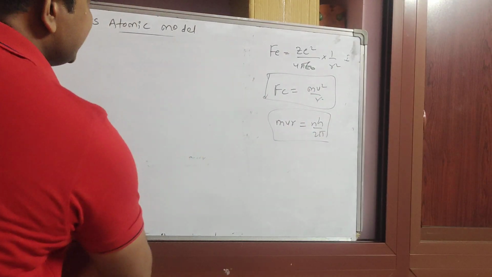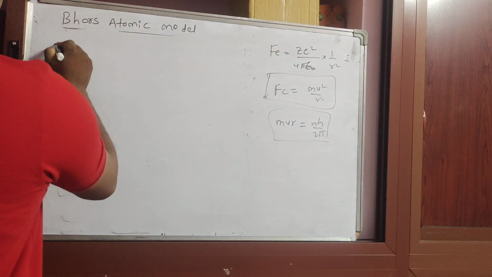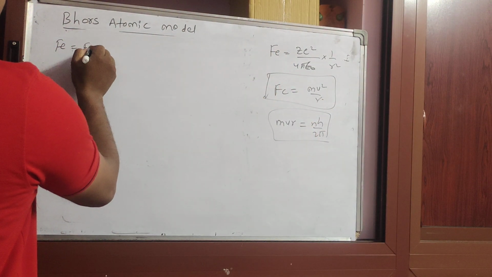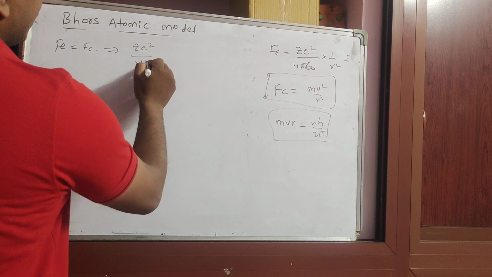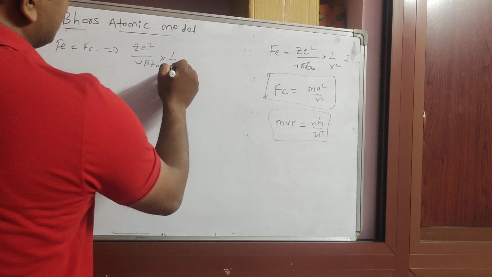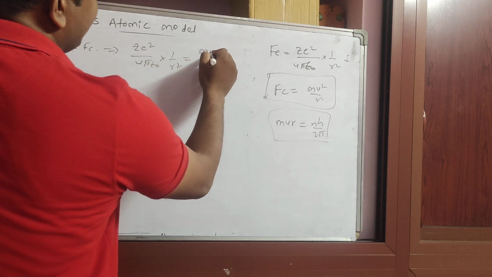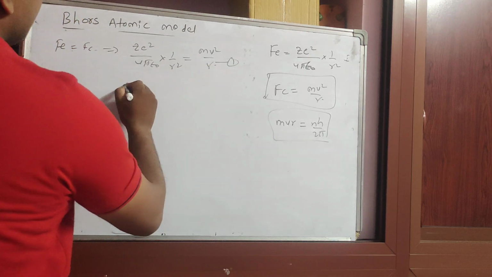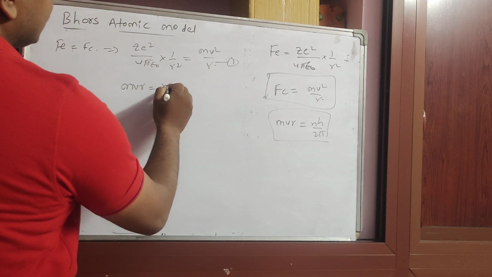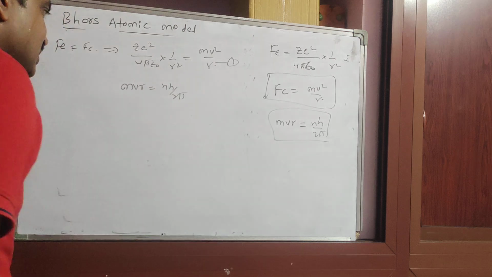By using these equations: one is that the electrostatic force is equal to the centripetal force, that is Ze square by 4 pi epsilon naught into 1 by r square is equal to mv square by r. The other equation is mvr is equal to nh by 2 pi.